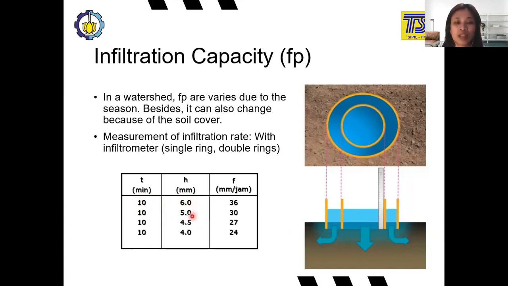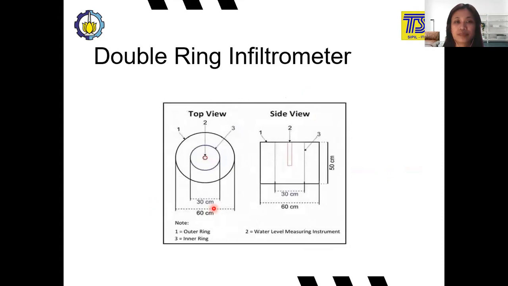And then we can calculate the infiltration capacity, with units of millimeter per hour. Here we have 36 millimeter per hour, because we got 6 millimeters in 10 minutes, etc.